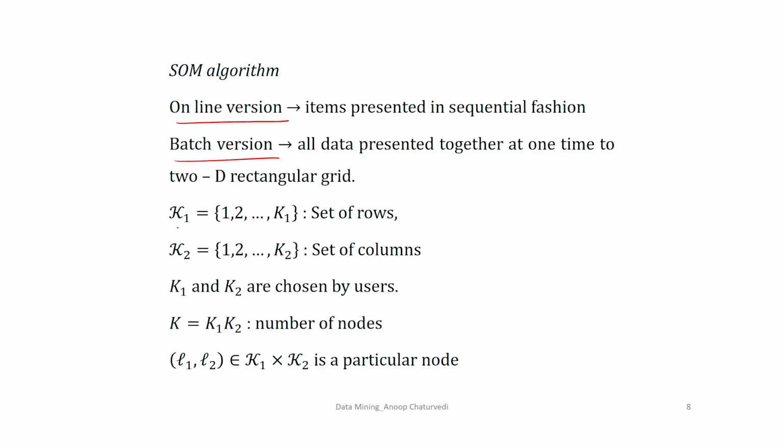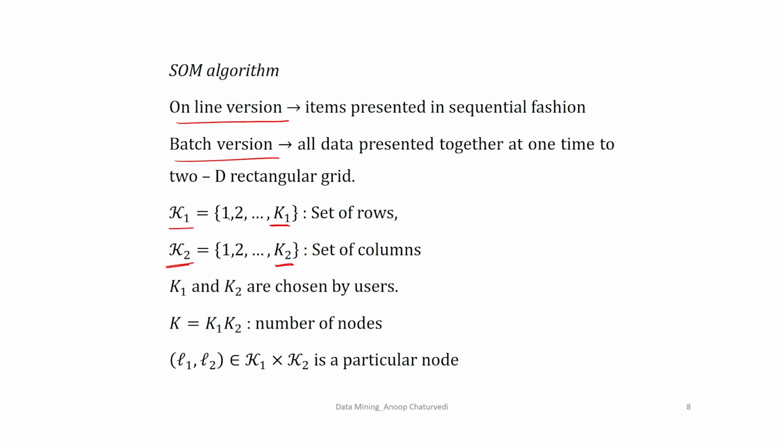Now, suppose in the grid there are K1 rows and K2 columns. This K1 denotes the set of rows and this K2 denotes the set of columns.